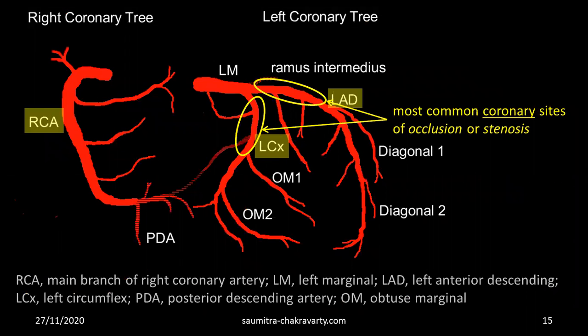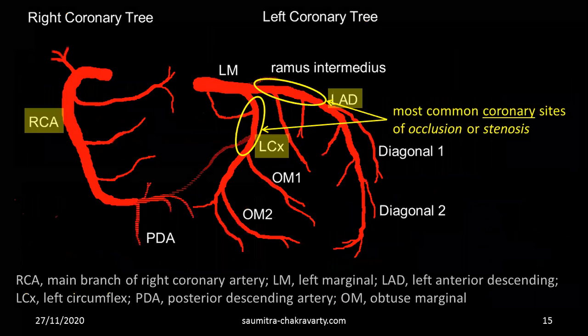Now let's come to the point. The coronary artery atherosclerosis. We will not use the term atherosclerosis. We'll use the term occlusion or stenosis because it can happen by factors other than atherosclerosis, like a thrombus.